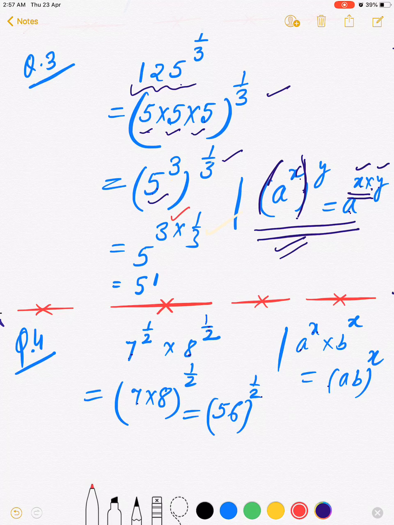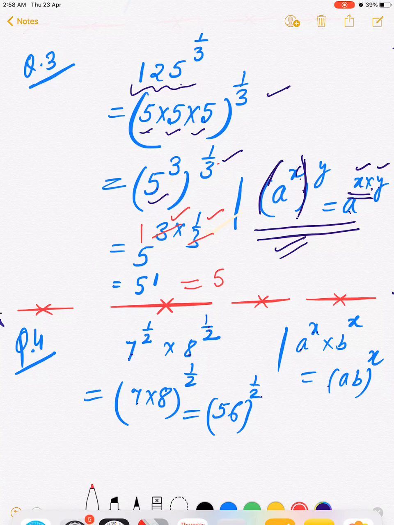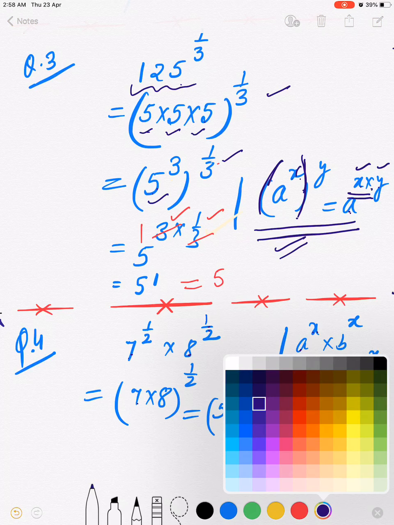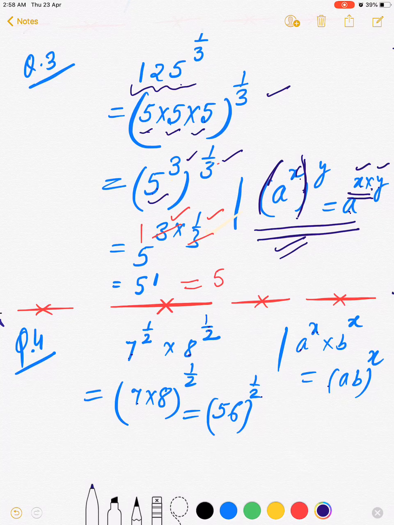This 3 and 1 by 3 are getting multiplied. And on solving, I am getting 5 to the power 1 or 5 as the answer. So when there is one exponent and outside that there is one more exponent, then these two exponents get multiplied and this way this is the result and I just get like this.